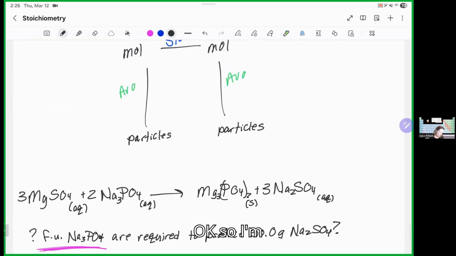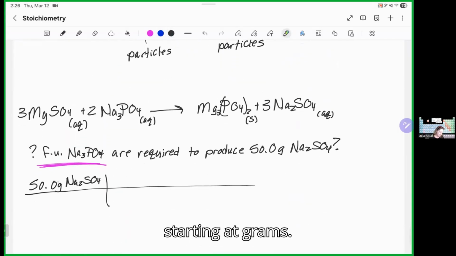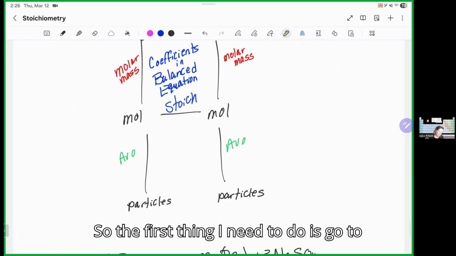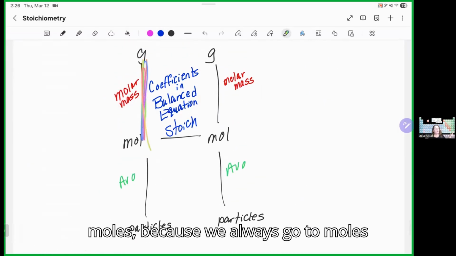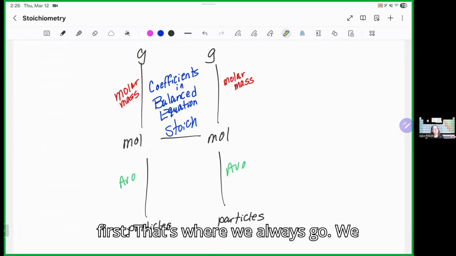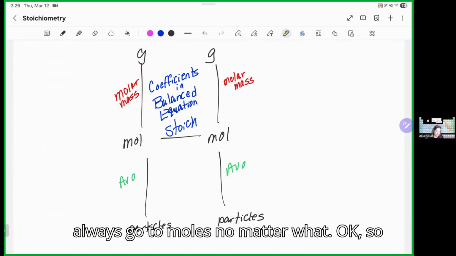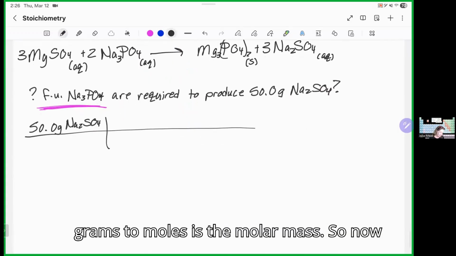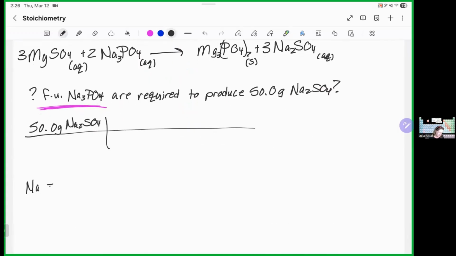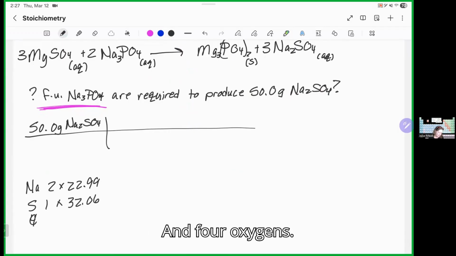Okay, so I'm starting at grams. So the first thing I need to do is go to moles, because we always go to moles first, no matter what. So grams to moles is the molar mass. The molar mass of that: I have 2 sodiums at 22.99, 1 sulfur at 32.06, and 4 oxygens at 16 each.